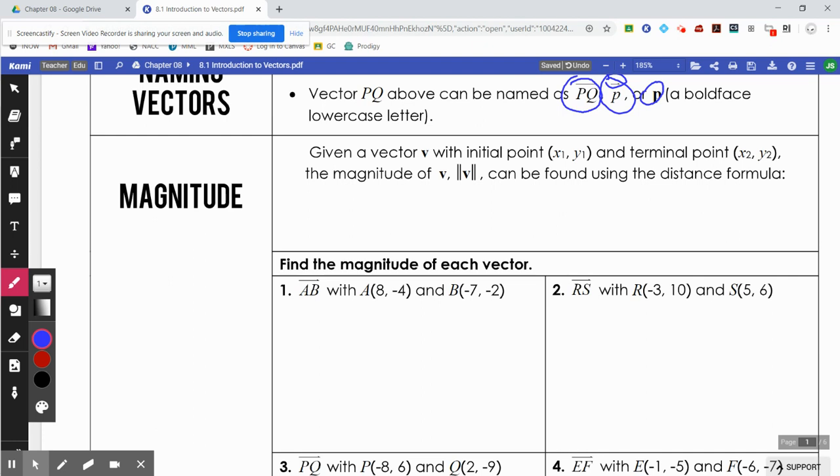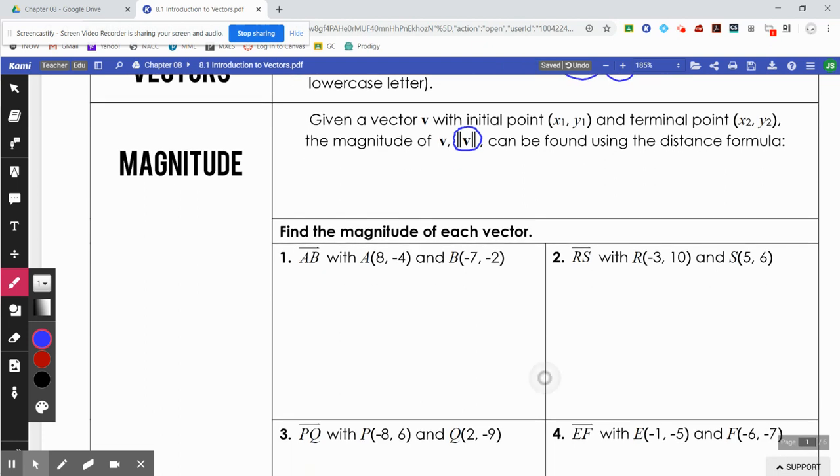Magnitude, again. Given a vector with initial point x1, y1 and terminal point x2, y2, the magnitude, which we write with this symbol right here with the double absolute value bars around it, can be found by using the distance formula. Because if we're looking for the magnitude or the length of a vector, and you have an x component and a y component, then the distance from here to here is simply the distance formula, or we can actually use the Pythagorean theorem.